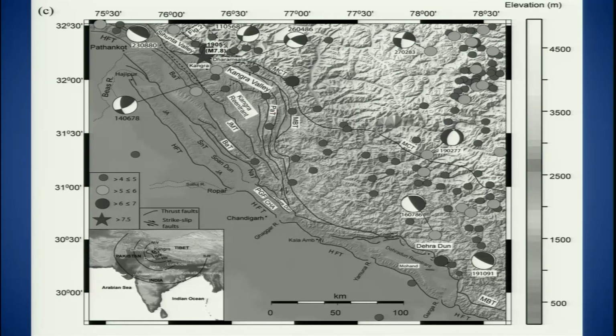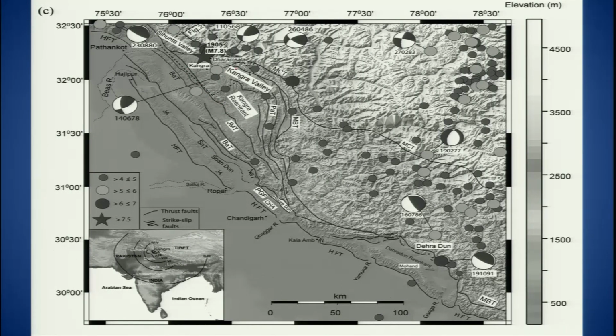So this is your Kangra Valley portion, and as I was saying, previous research suggested that the 1905 Kangra earthquake was hosted by the Jwalamukhi thrust.